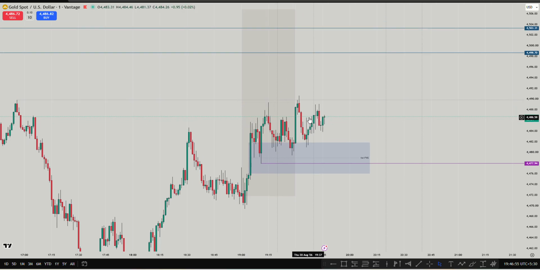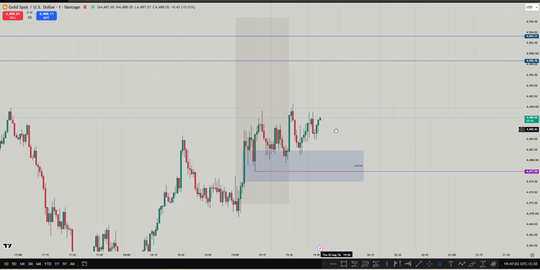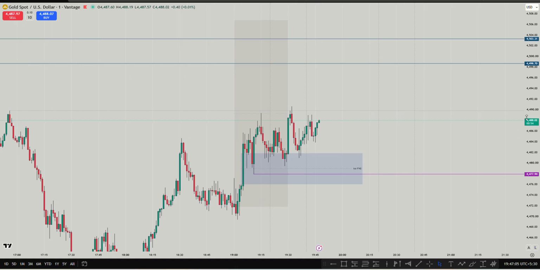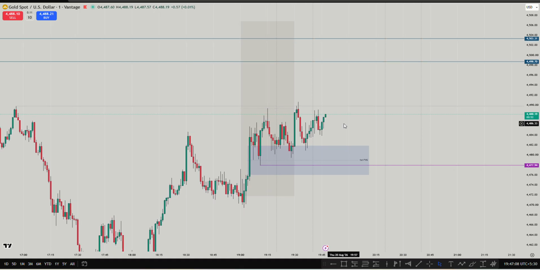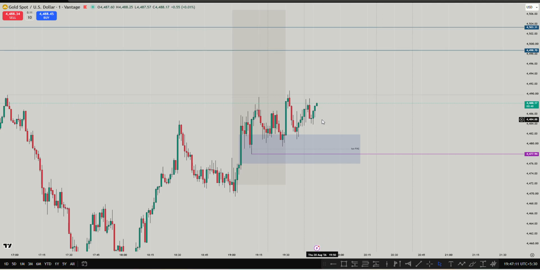And again, I think it's going to reverse from here, but still it's pushing upside. Okay, that's it for today. Tomorrow is my exam.